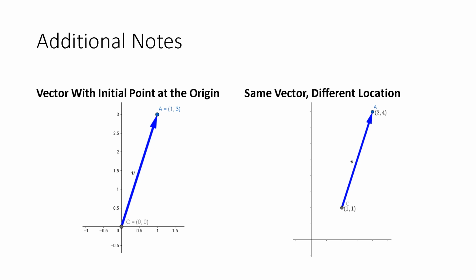I still move 1 unit to the right horizontally. I still move 3 units up vertically. So this vector and this vector are exactly the same. It's just that one has been moved to begin at the point (1, 1) instead of the point (0, 0).